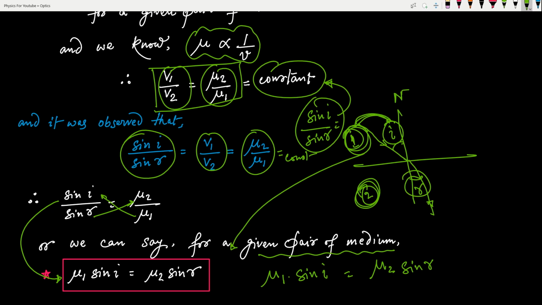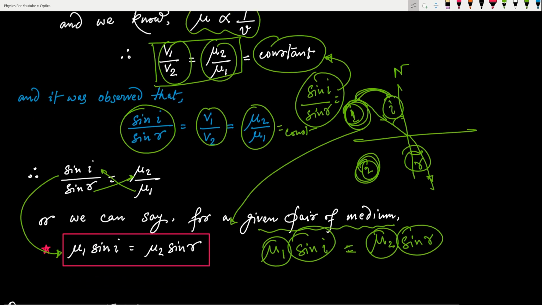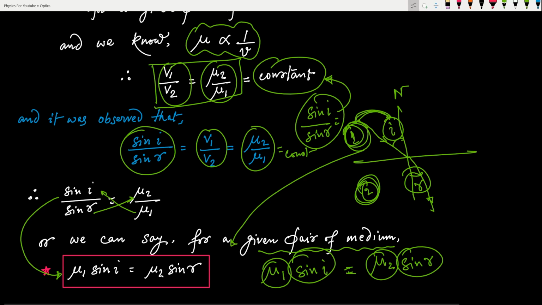So this is in medium 1, this is also in medium 1, is equal to medium 2 multiplied by the quantity that we get in medium 2. Mu1 sin I is equal to mu2 sin R. Okay, this is how you need to remember. Once this is clear, now we are ready to take some questions. So now let's move on and see some numerical problem in order to solidify the concept that we recently learned.